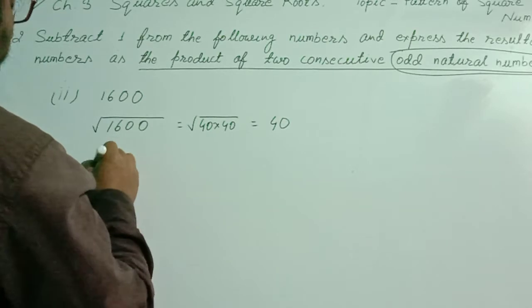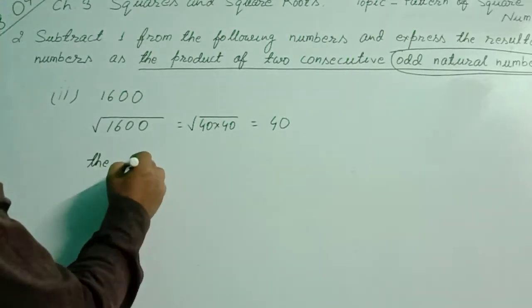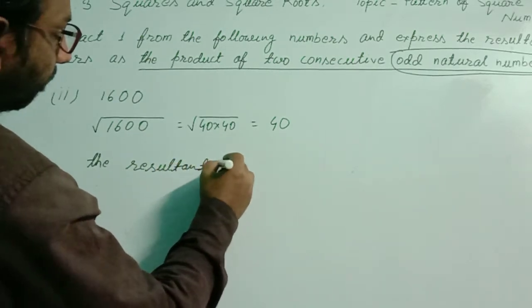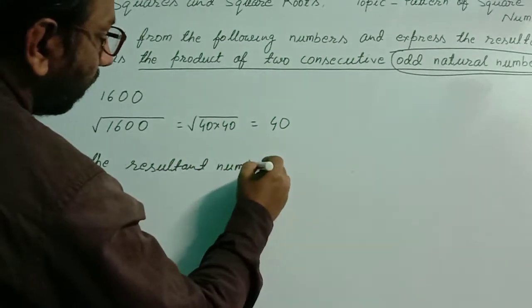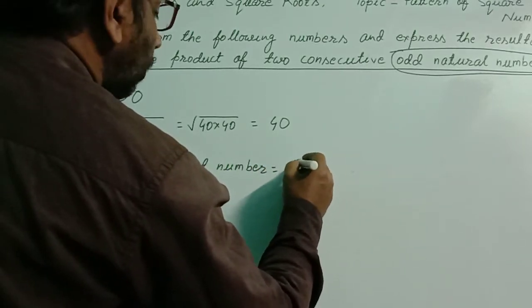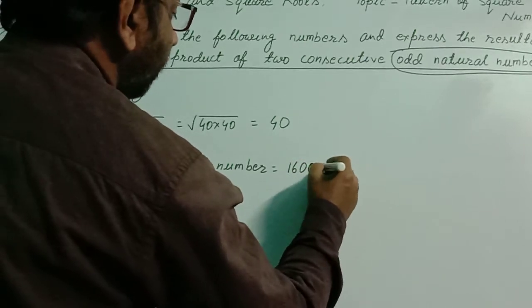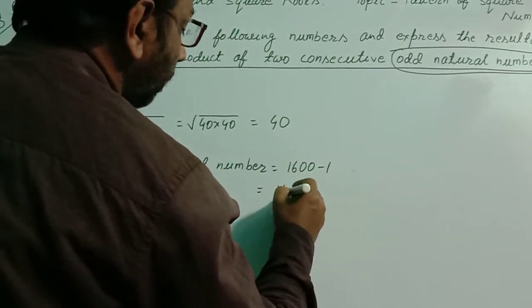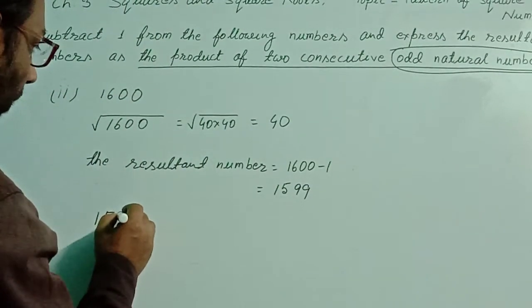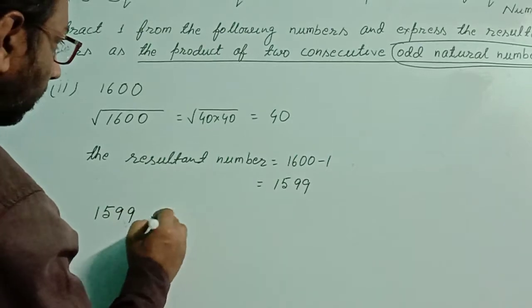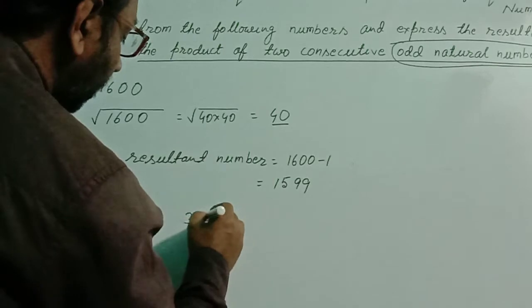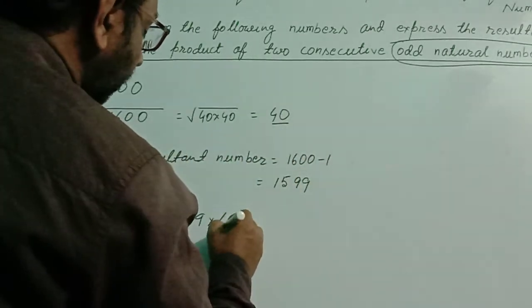Now we find the resultant number. The resultant number equal to 1600 minus 1 equal to 1599. So this resultant number 1599 is the product of the predecessor of 40, that is 39, and the successor of 40, that is 41.